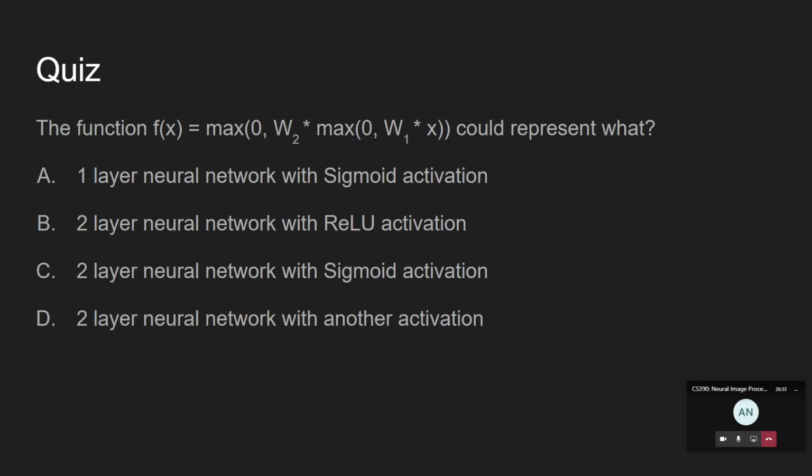All right. So first of all, here's our little quiz that we don't actually do, but if you want your participation extra credit point for the day, can anyone answer this question and give me a little explanation as to why? It would be D, because in this case, the activation function is the max function rather than a sigmoid or a ReLU or something else. You sure about that?